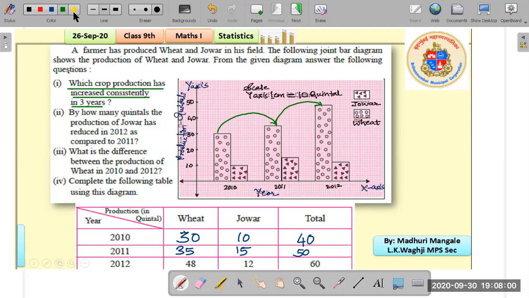And if we compare the height of jowar, the bar over here has increased, but then it has moved down. So the correct answer is wheat, right students? Which crop production has increased consistently? It is the wheat, right?